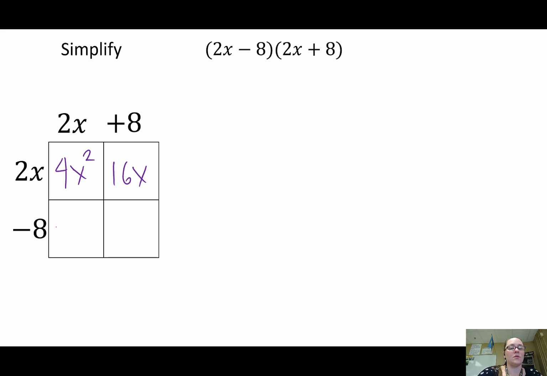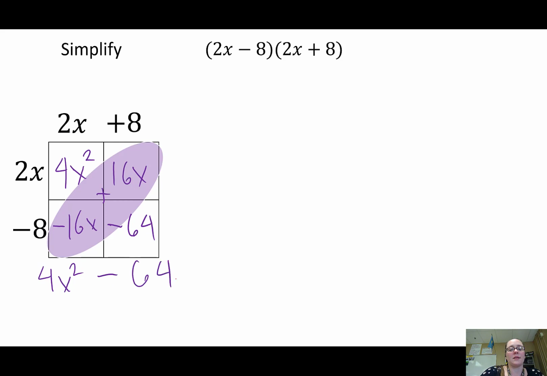Negative 8 times 2x gives me negative 16x. And negative 8 times 8 gives me negative 64. Like terms are still on that diagonal here. So I get 4x squared. Negative 16x plus 16x gives me 0, so they cancel each other out. And so I'm left with minus 64. So I get 4x squared minus 64.